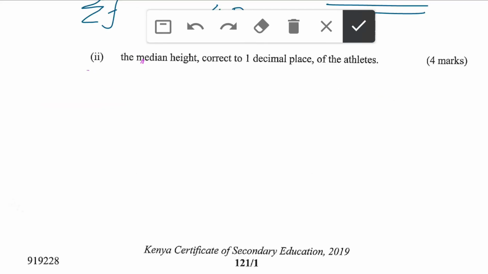Next, we have to calculate the median height correct to 1 decimal place. Now to get the median height, we need to get a few things.